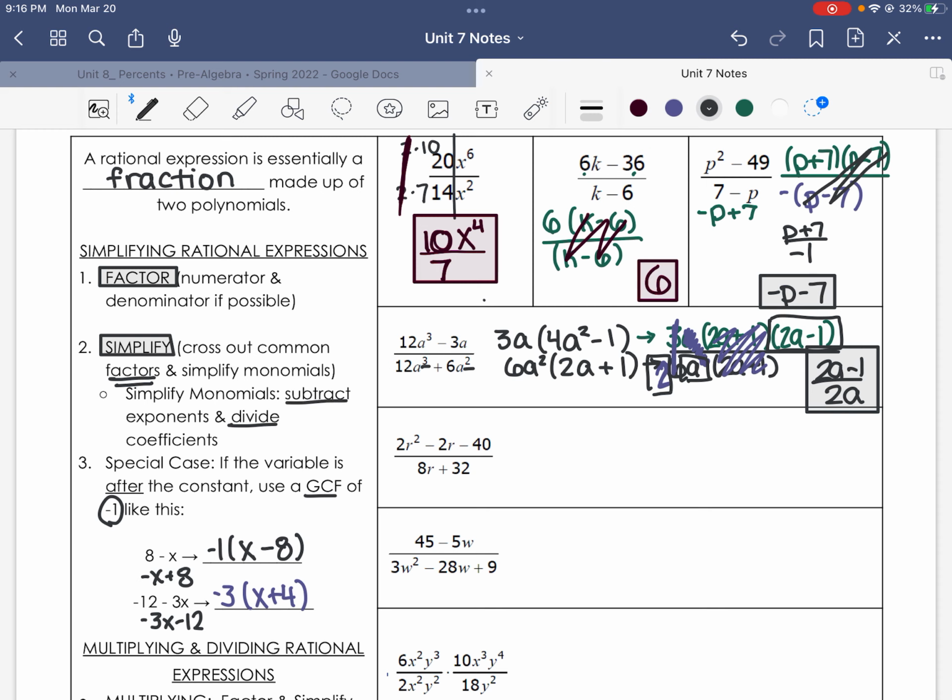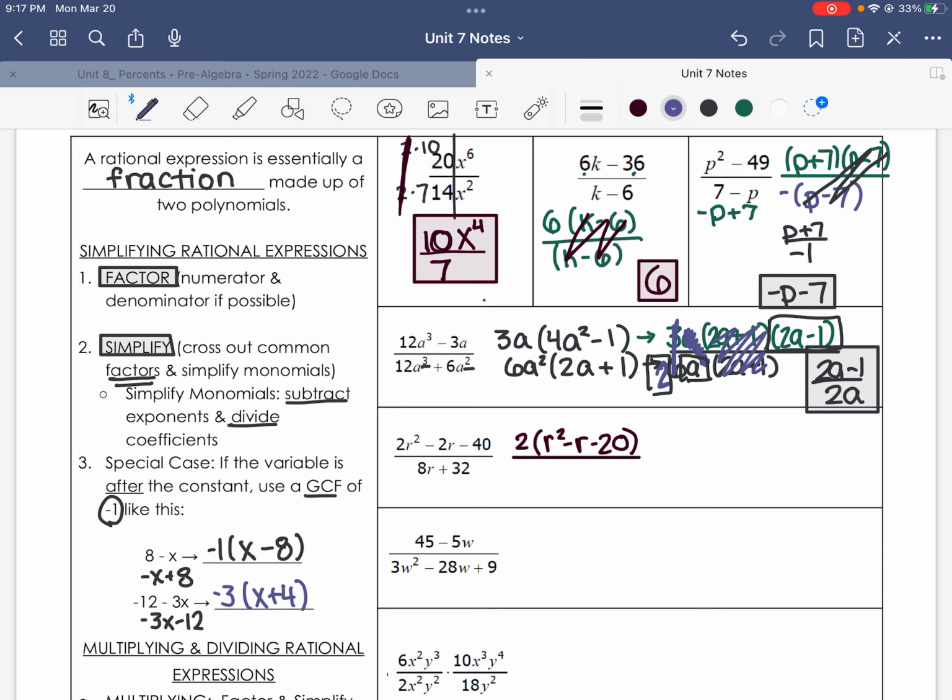Next problem. I have 3 things on the top, so I need to look out front. There's a number there, but it's 2, and I can divide that whole thing by 2. Then on the bottom, actually I'll finish the top part first, because there's 3 things, r squared, negative r, and negative 20.